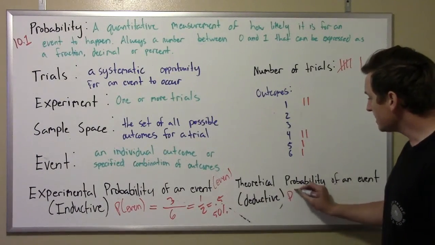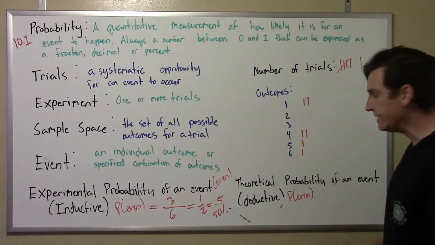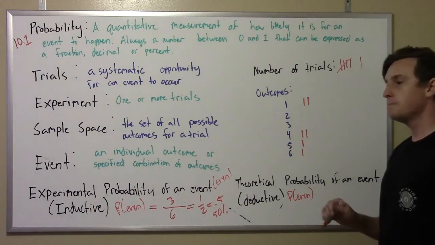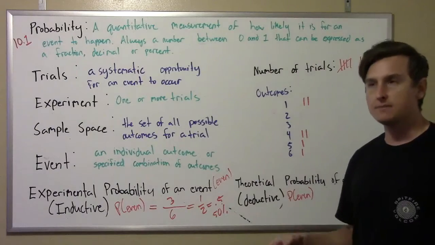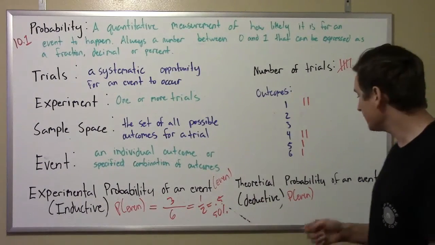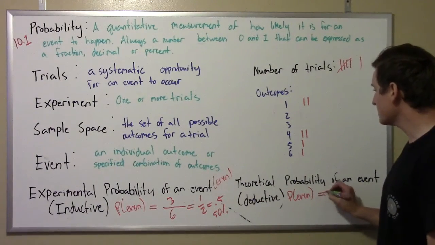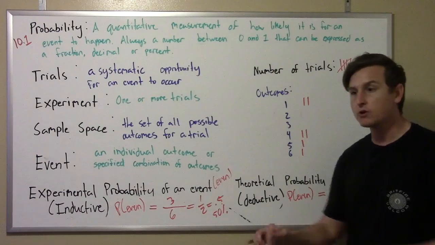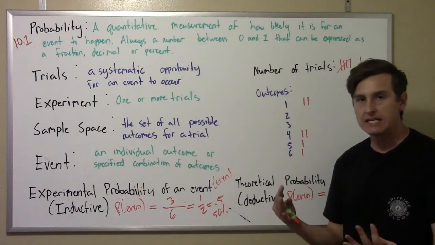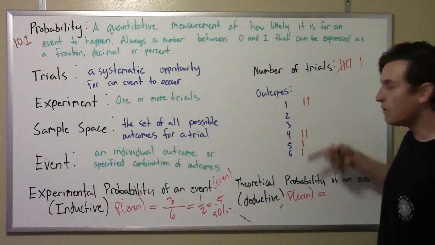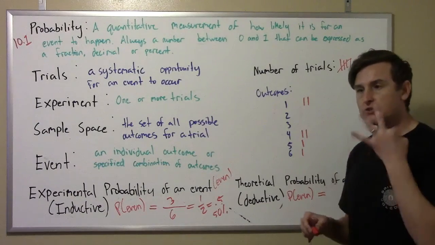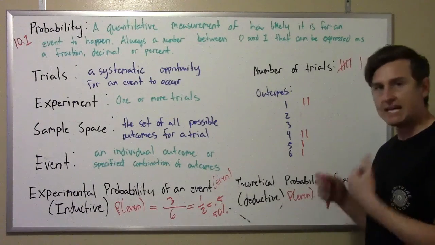The probability of getting an even is, in your book, the number of outcomes in the event over the number of possible outcomes. What that means is, how many different ways can I get an even number? What are all the different possibilities of me getting an even? Well, I can get a 2, a 4, or a 6, so there's 3 different ways for me to get an even number.